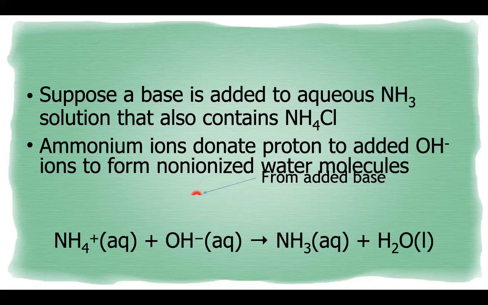If we add a base to this solution, what we're doing is increasing the concentration of the hydroxide ions, which is going to drive the equilibrium shift to the right to use up the excess hydroxide ions, and you're going to produce non-ionized ammonia and water. So pH is not going to change.